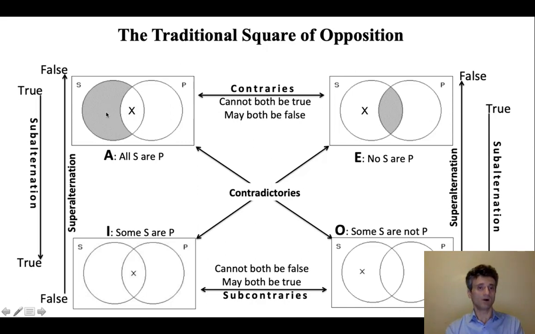So if I say all shoplifters are prosecuted, and at the same time I indicate that there are shoplifters in the circle of shoplifters, then I contradict myself, because my statement, all shoplifters are prosecuted, means that there aren't any shoplifters right here.